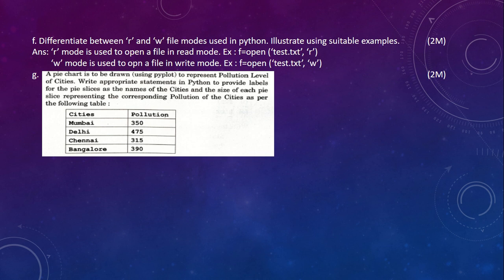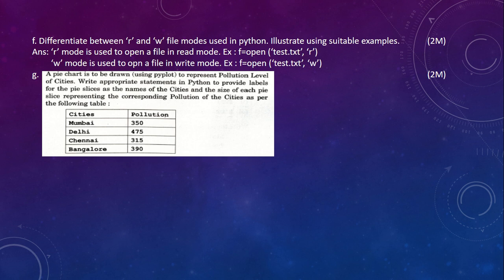Now a pie chart is to be drawn using PyPlot to represent pollution level of cities. Write appropriate statements in Python to provide labels for the pie slices as the name of the city and the size of each representing the corresponding pollution as per the following table.